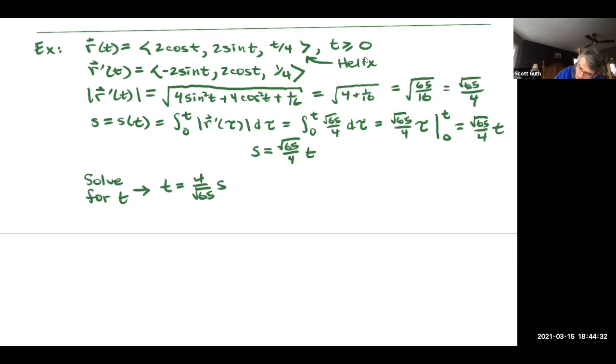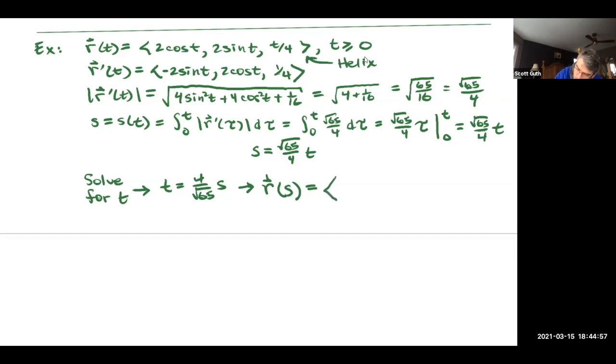And then when we say r of s, instead of writing t, we'll put in 4 over the square root of 65 s.